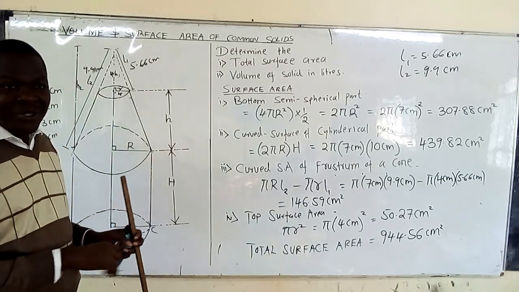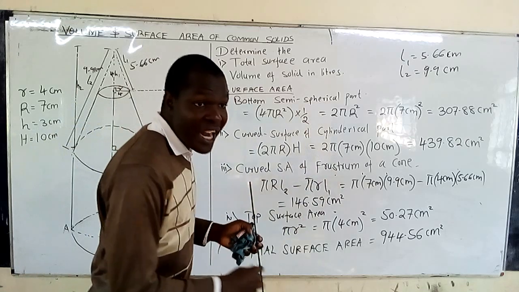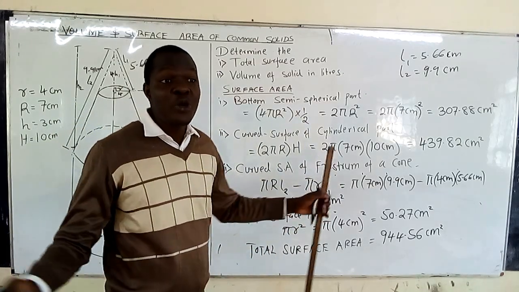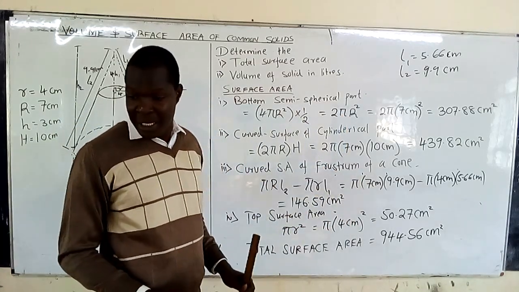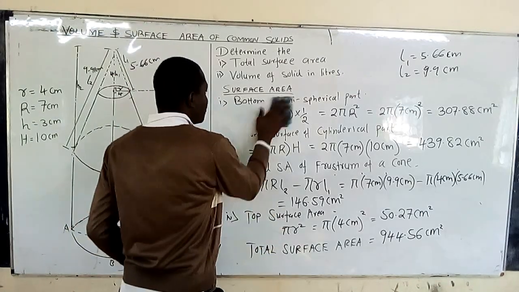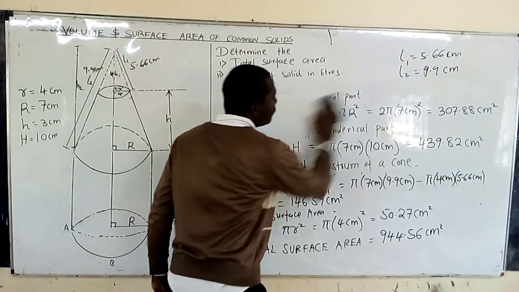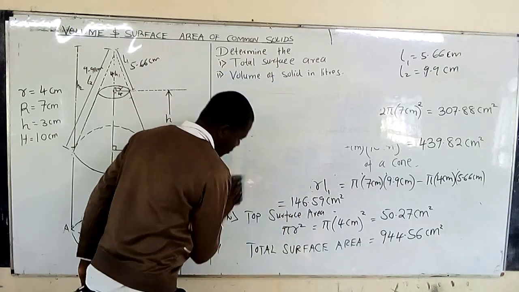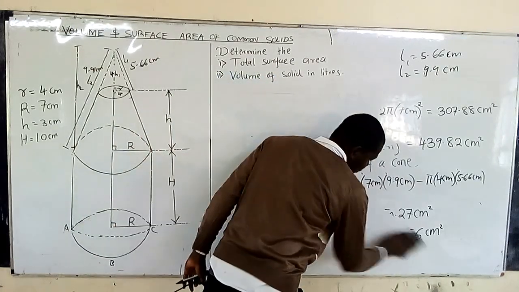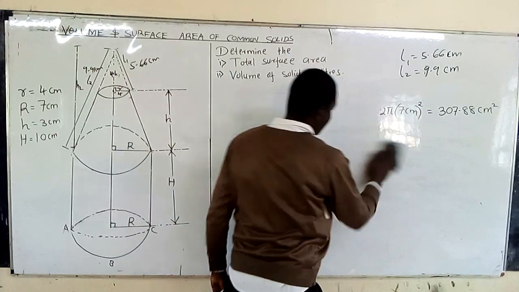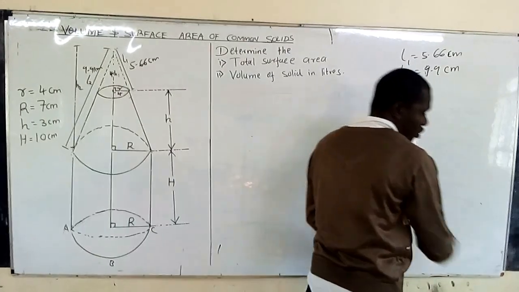Are we together? So there are three figures we are determining their volume. Then the total volume we add all of them, isn't it? So let us do that.